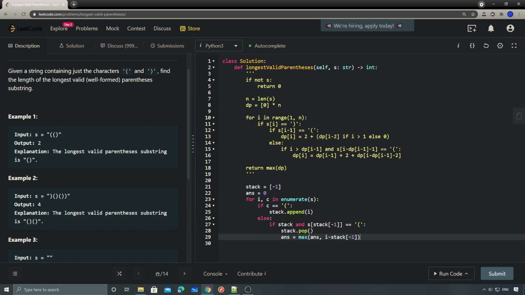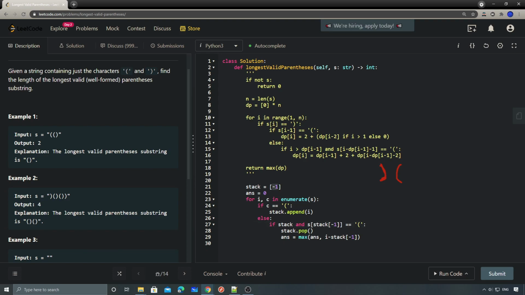But be careful, here we also have a special case, which is the -1.